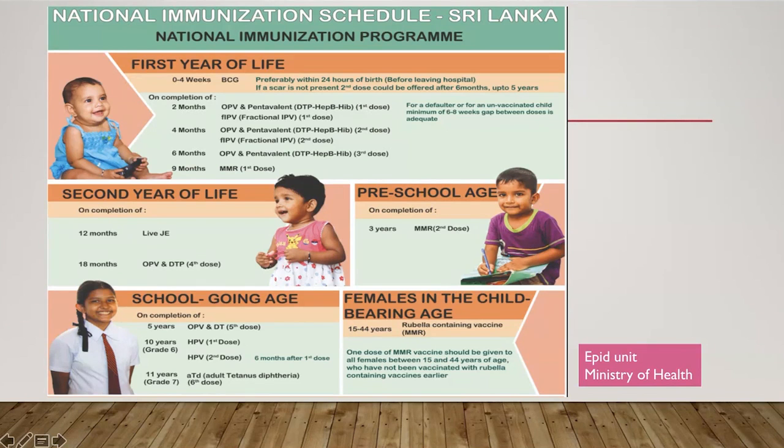And at 11 years, you give adult tetanus diphtheria vaccine. Okay. If a female in the childbearing age, that is 15 to 44 years, has missed the MMR vaccine, we can give an MMR vaccine to all females between 15 and 44 years before they become pregnant.